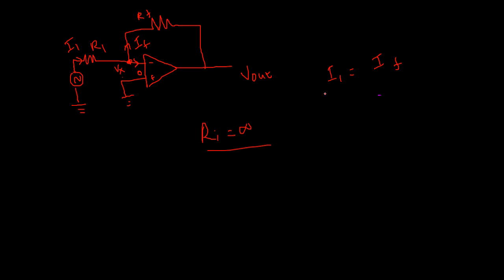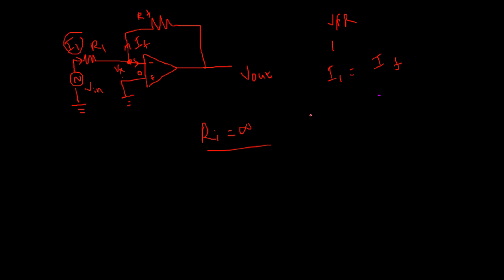Generally we refer that I is equal to V divided by R. Here V is the voltage connected between two nodes. This is V in. So find out I1.